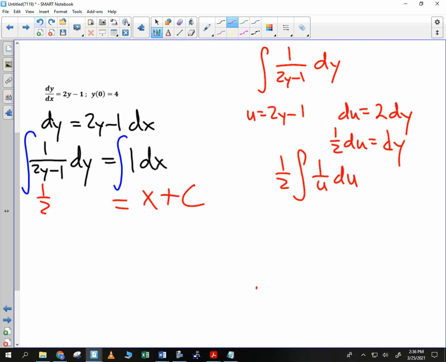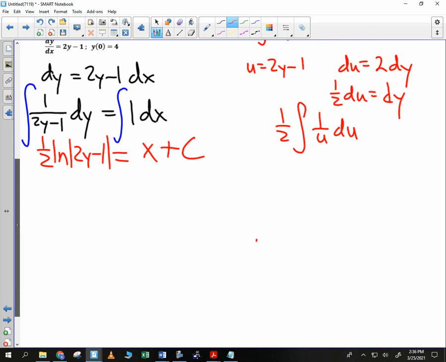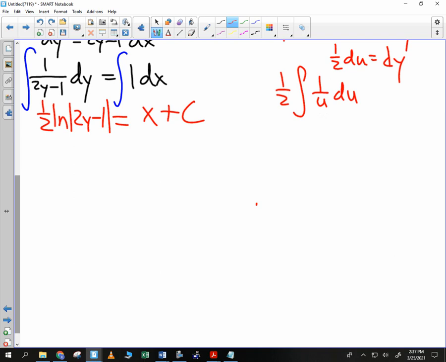Yes, so 1 over 2 natural log of 2y minus 1, putting those absolute value signs around it. I got to get rid of the 1/2. So natural log of the absolute value of 2y minus 1 is equal to 2x plus the constant. Now what?